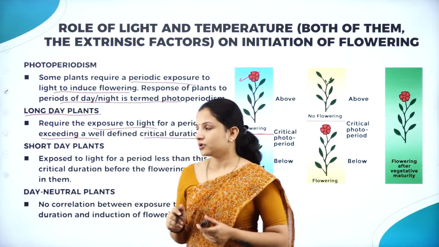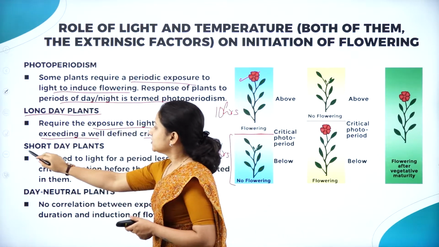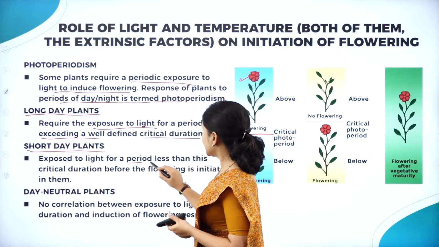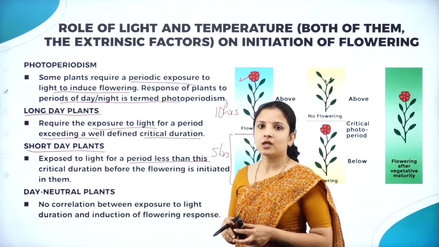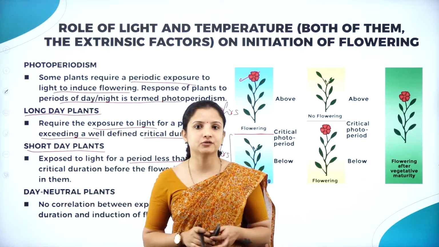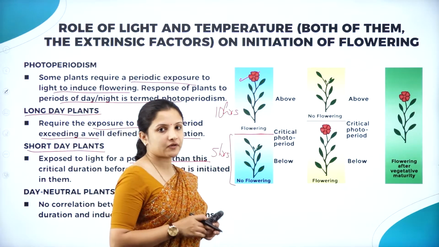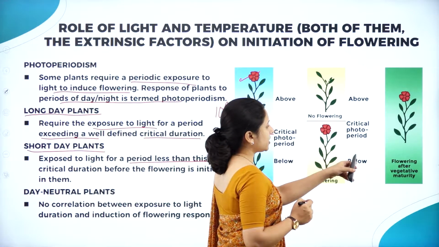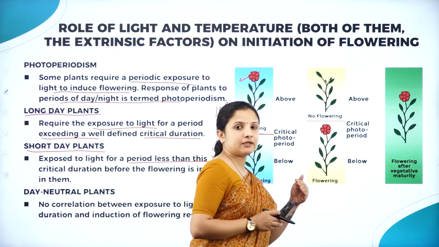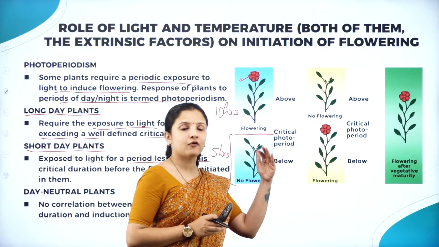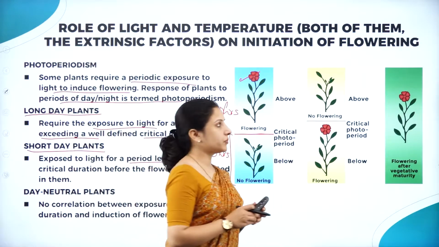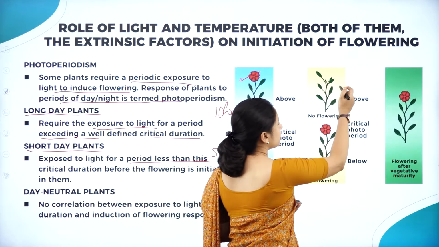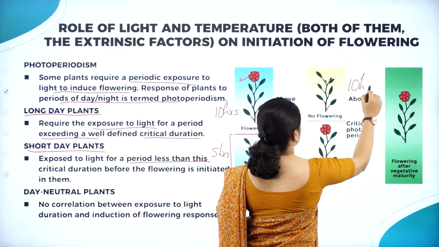Next, talking about the short day plants. Short day plants should be exposed to light for a period that is less than the critical duration if the flowering has to occur. Here also they have given the critical photoperiod below. Short day plants should be exposed to light for below the critical photoperiod. For example, here the plant is exposed above the photoperiod of 10 hours.